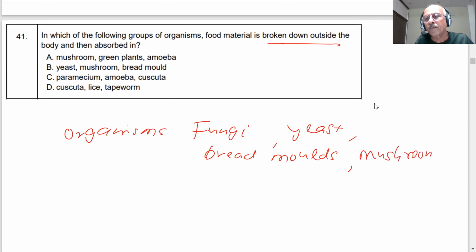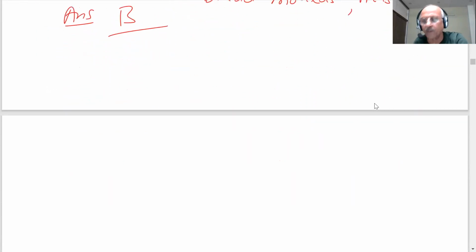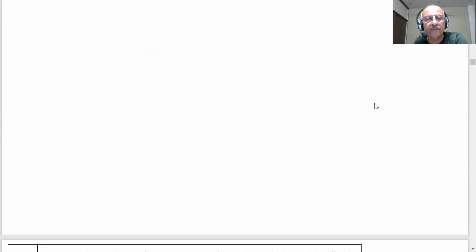What they do, they break down the food outside the body and then absorb it. So this is not correct. And then yeast, mushroom, bread mold: this is the correct answer. These others are wrong, student. So our answer to question 41 is B. Okay. All right. Let's go to the next question.